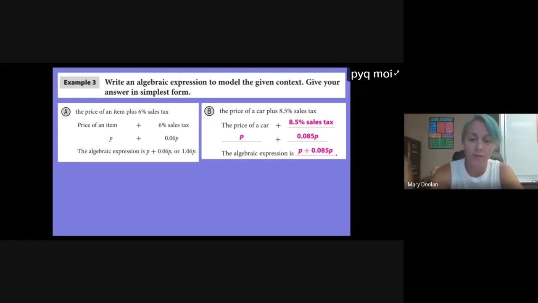So in the line where it was blank before, you now see in pink, we have P plus 85 thousandths times P. So the expression, if I squish it all together, is P plus 0.085P.